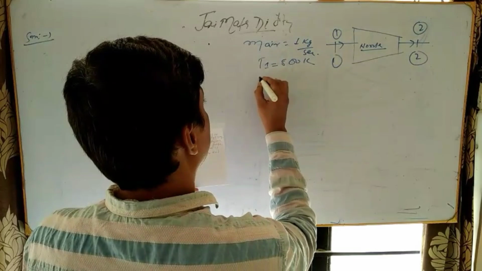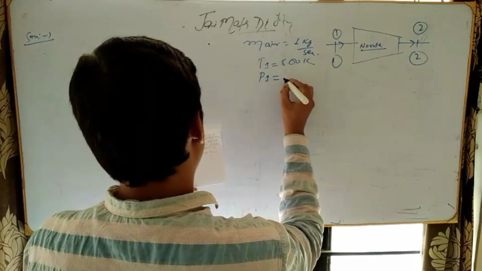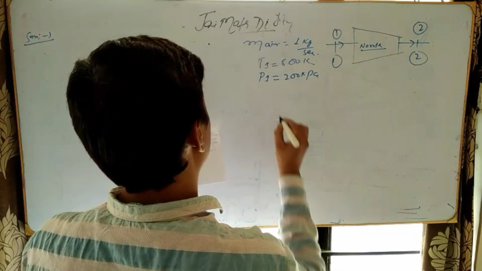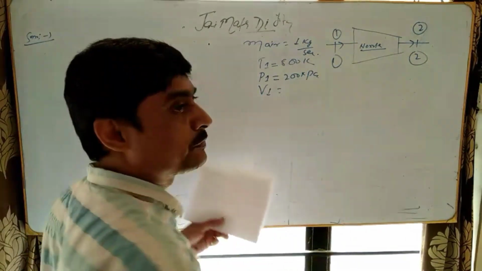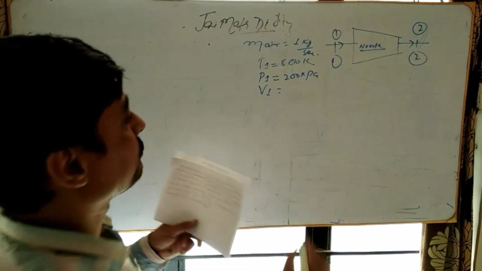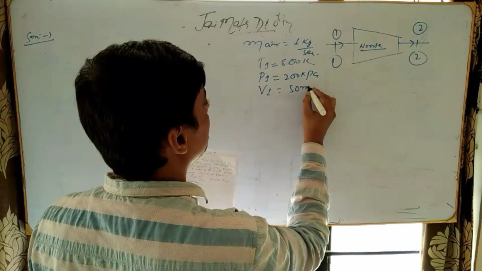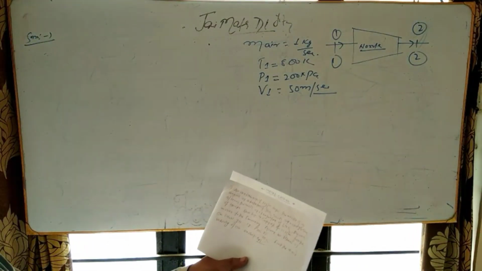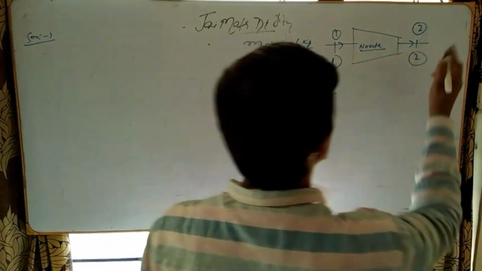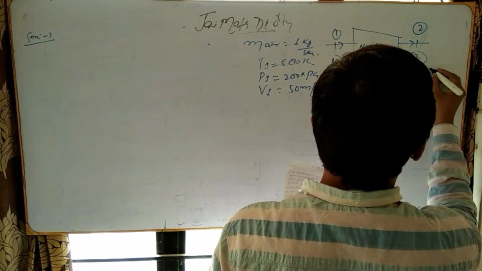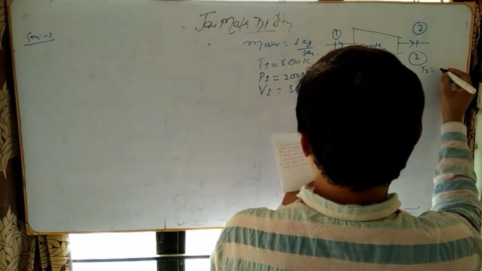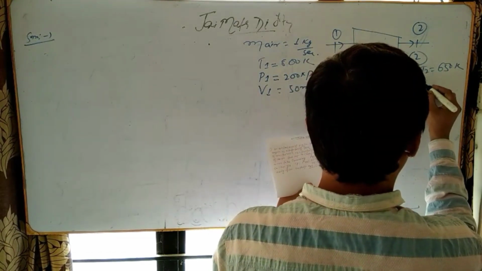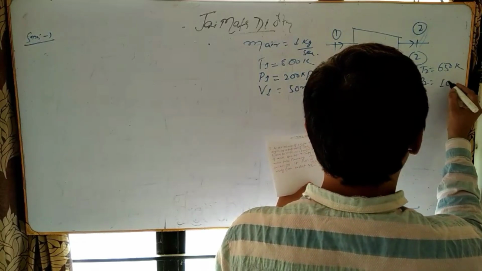The pressure is 200 kilopascal, and the velocity of air at entry is 50 meter per second. It leaves the nozzle at a temperature of 650 Kelvin. This is the temperature of air at an exit, 650 Kelvin, and the pressure is 100 kilopascal.